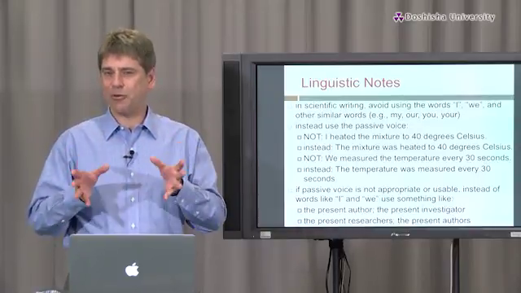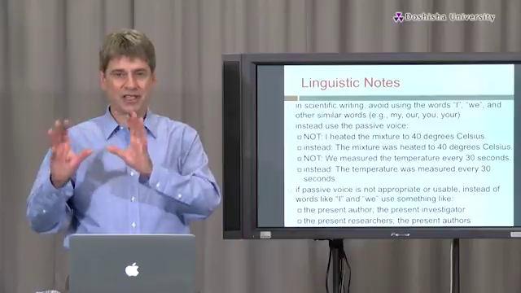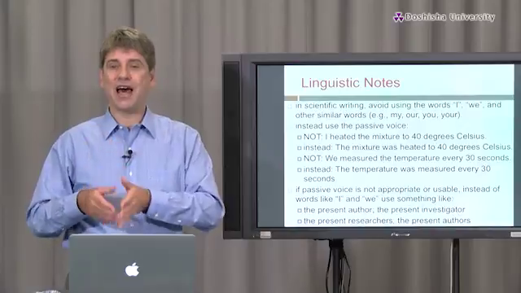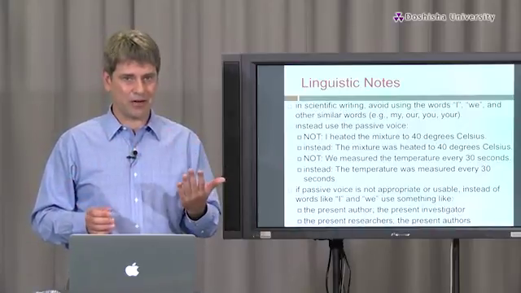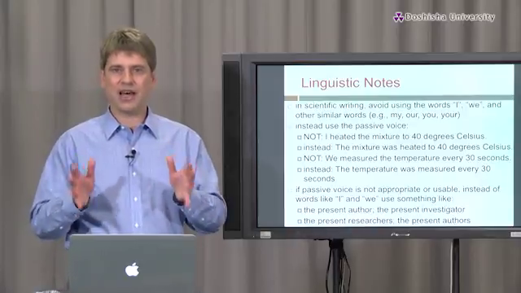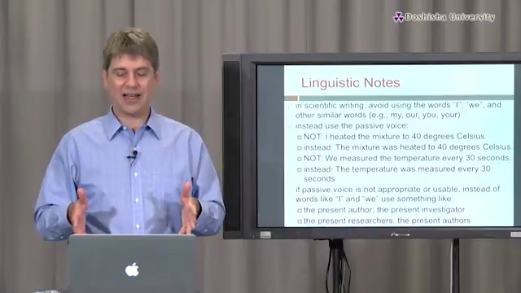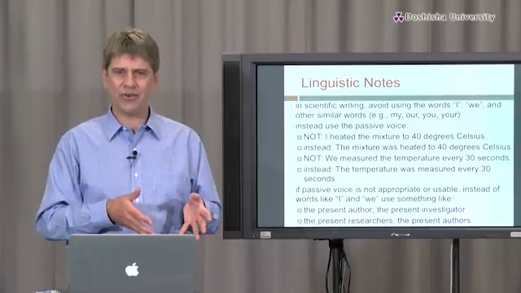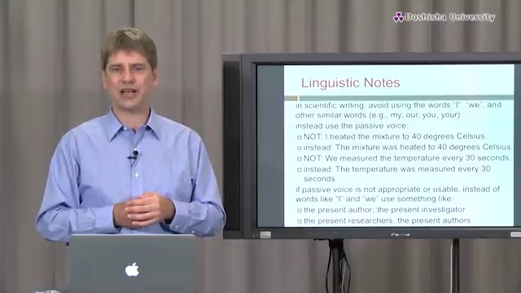So if it would help to give a photograph of the experimental setup or a diagram of the experimental setup, include that as well. Not instead of the paragraphs, but in addition to help your reader. Write it so that a reader reads your method section and they understand, I know exactly how this was done. In fact, if I have the ingredients, I could go do the research right now.